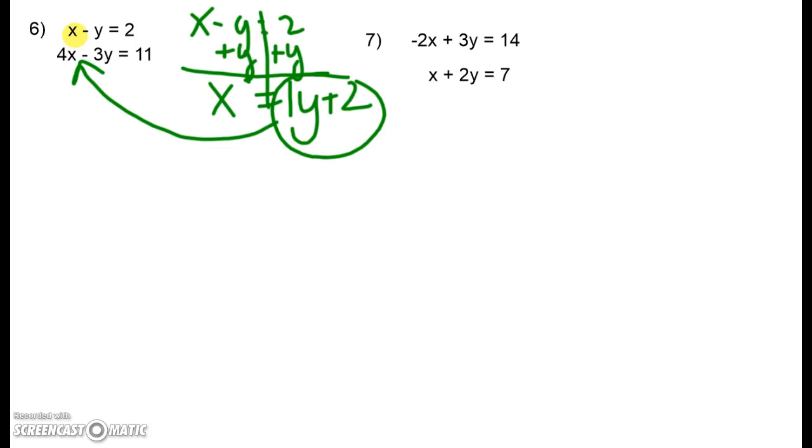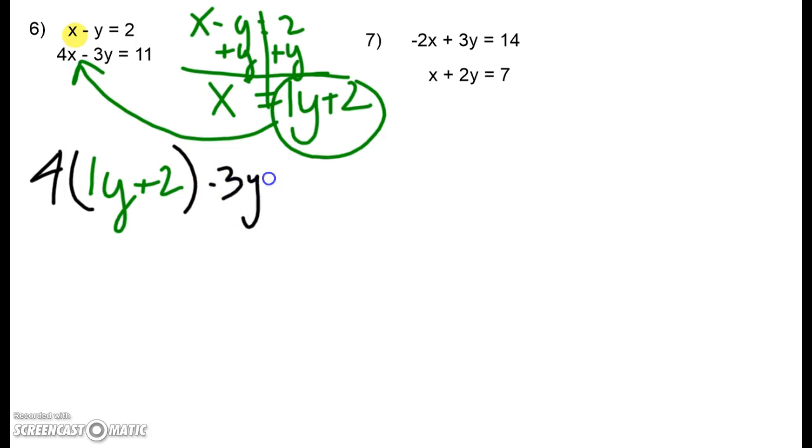So now we're back to an equation that's very similar to the others. So I'm going to write, let's see, it says 4x, so 4 times, and I'm going to put this whole thing in for x times 1y plus 2 because my goal is to get only y's or only x's, minus 3y equals 11.